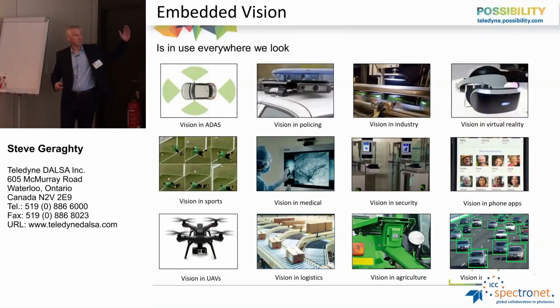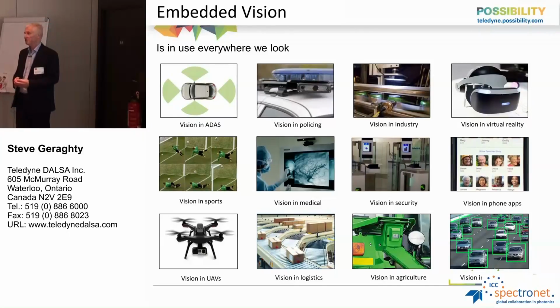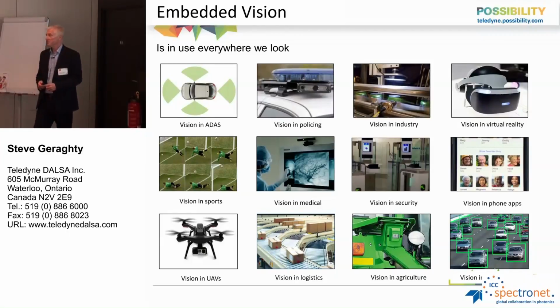Whether it's in automotive or security or sports or biometrics or social media applications, the adoption of vision technology is very widespread. And that is driving advances in technology that ultimately will benefit everyone, and certainly us who are working in the industrial sector.